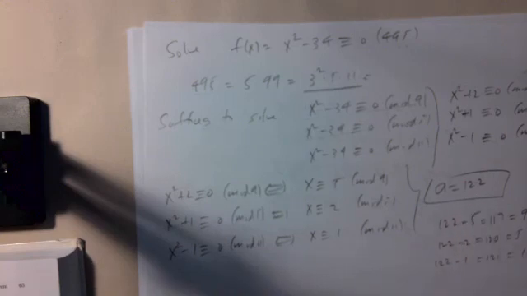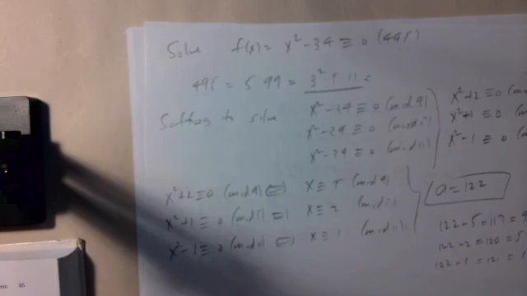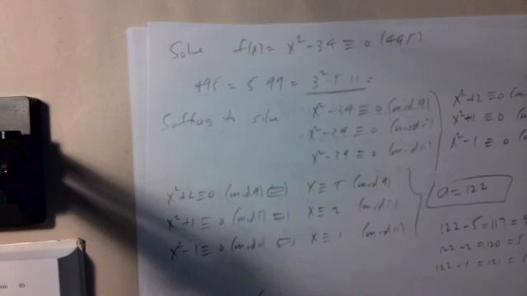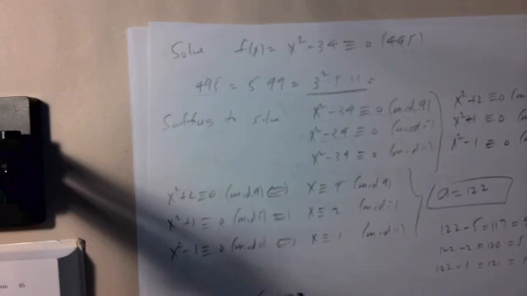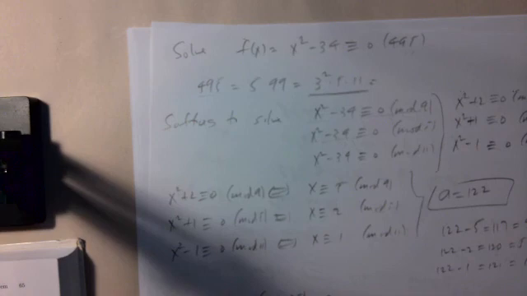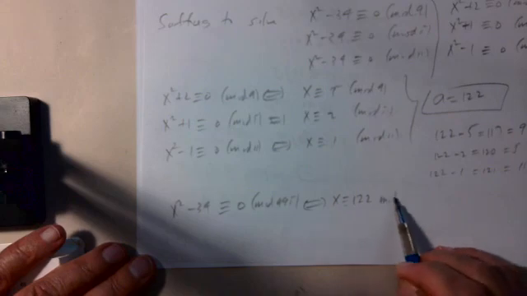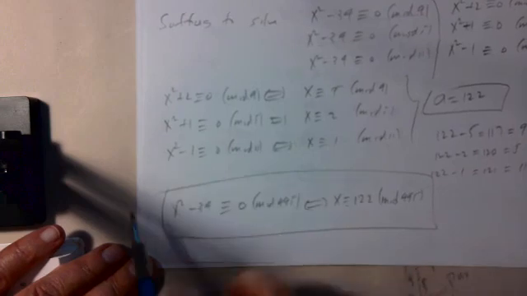And so we have that x squared minus 34 is congruent to 0 modulo 495 if and only if x is congruent to 122 mod 495.